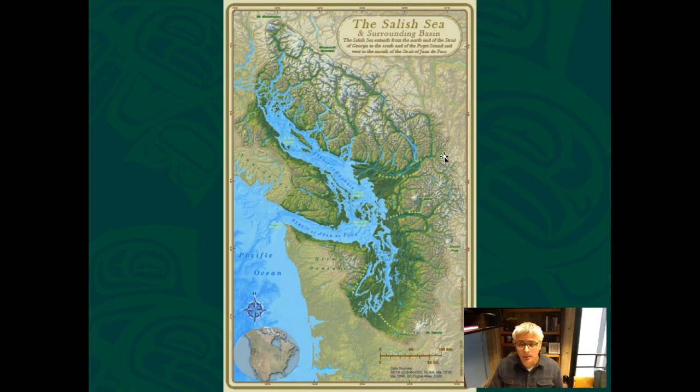In fact, this boundary line is drawn right on the watershed, meaning that if you're a drop of water and you fall anywhere in the dark section of the map, you wind up falling into the Salish Sea. If you're a drop of water and you fall on the light side of the map, then you move out somewhere else.